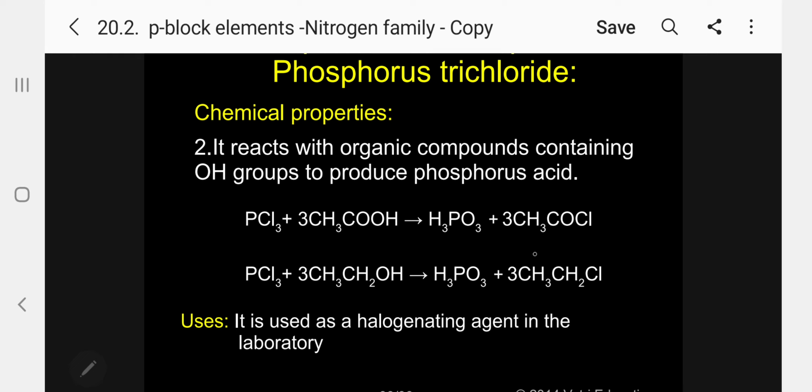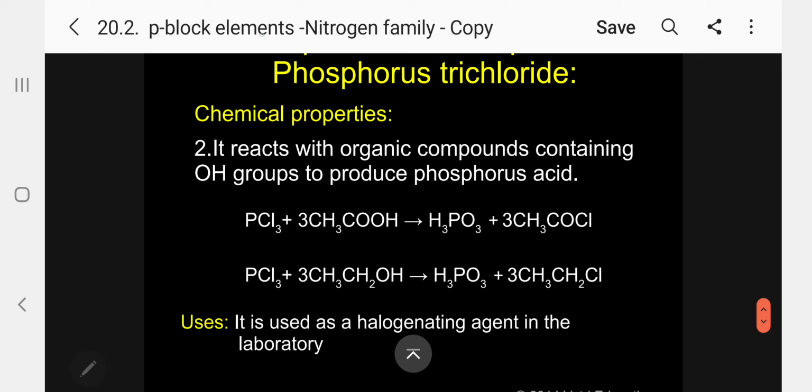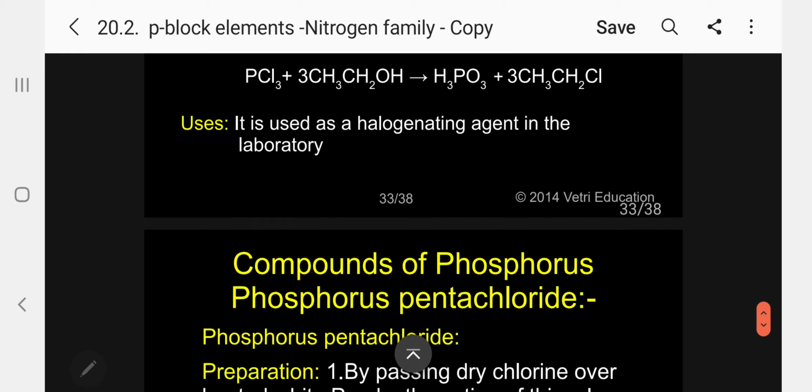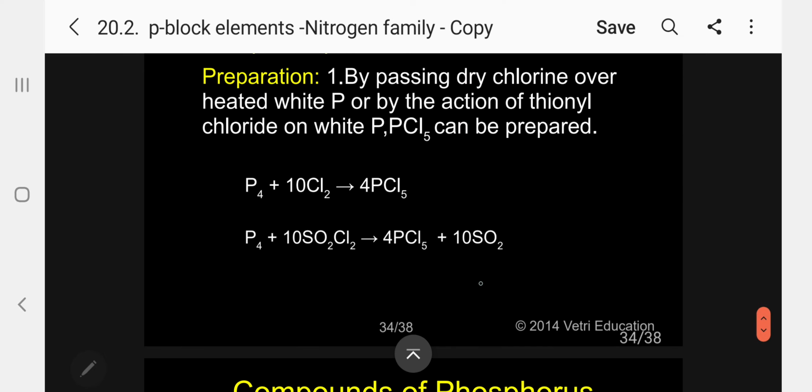Here it is producing acetyl chloride and phosphorous acid. This is again substituting OH by Cl, but POCl3 is not produced. Kindly follow. That is the main difference between the action of PCl3 and PCl5. That will be very useful when you go for organic chemistry.